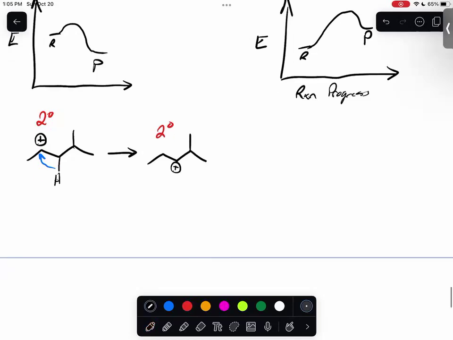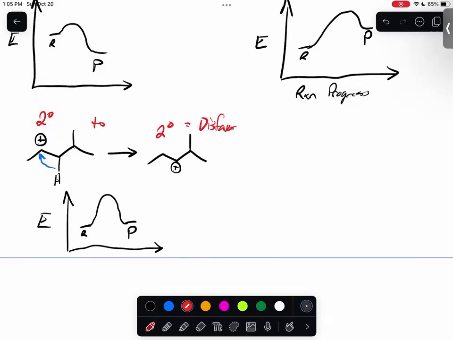But in terms of energy, these are the exact same, right? And so reactant to product is great, but the thing is, it also takes quite a bit more activation energy. So overall, what we would see is this secondary to secondary is also technically disfavored by activation energy.